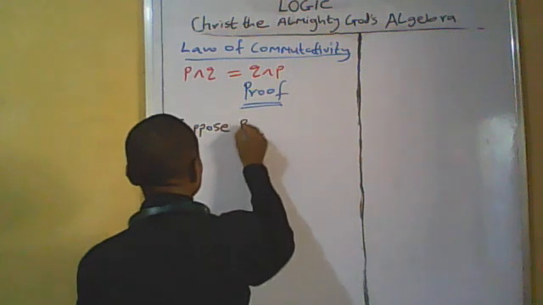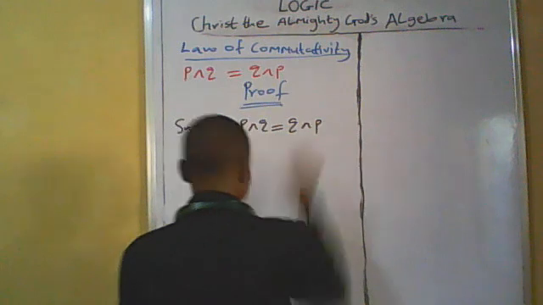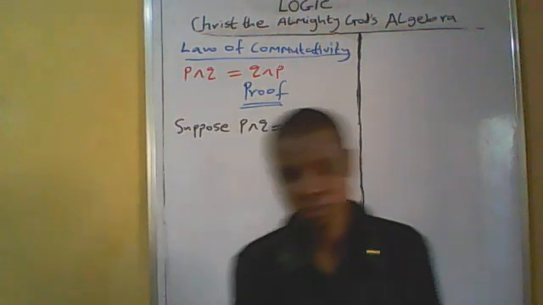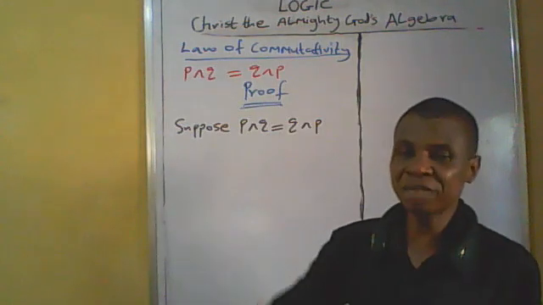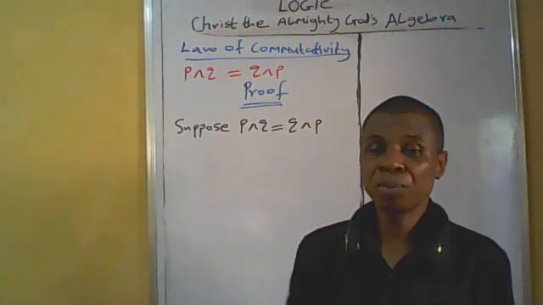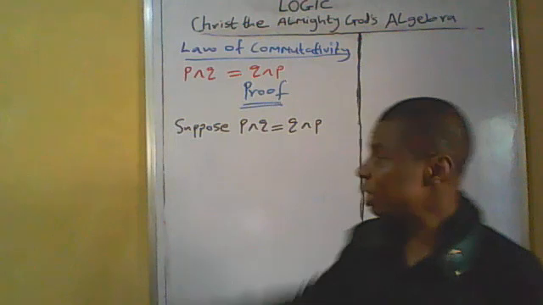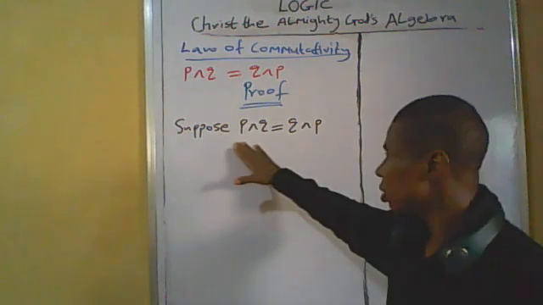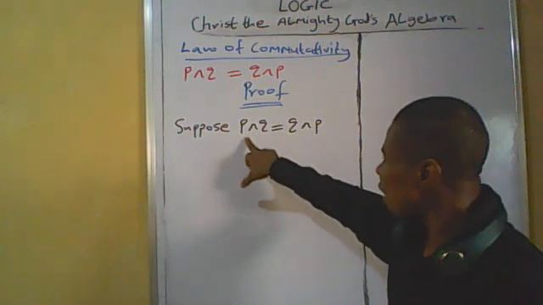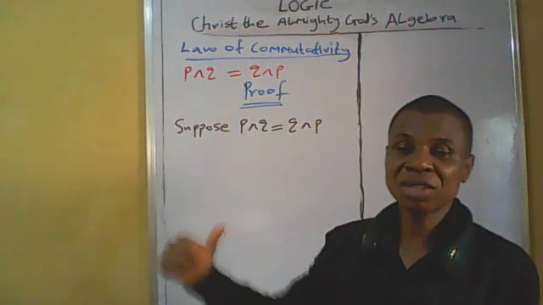Suppose P and Q is equal to Q and P. We assume that the statement is true, that P and Q is equal to Q and P. So if this statement is true and it's a hypothesis, then whenever the left hand side of the equation is true, the right hand side of the equation is also true.